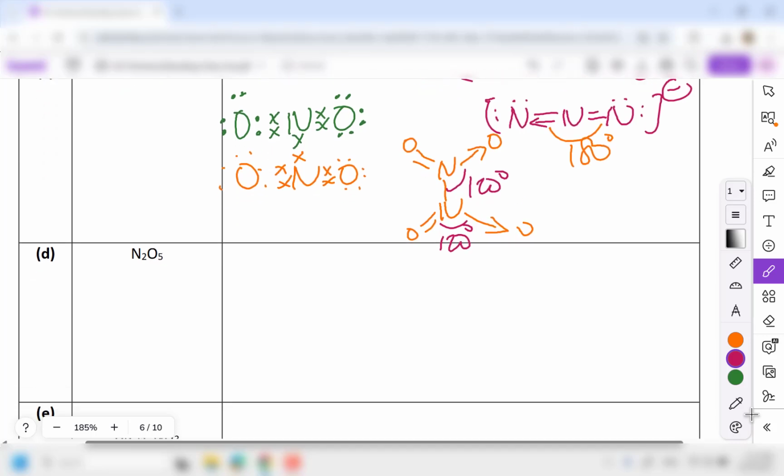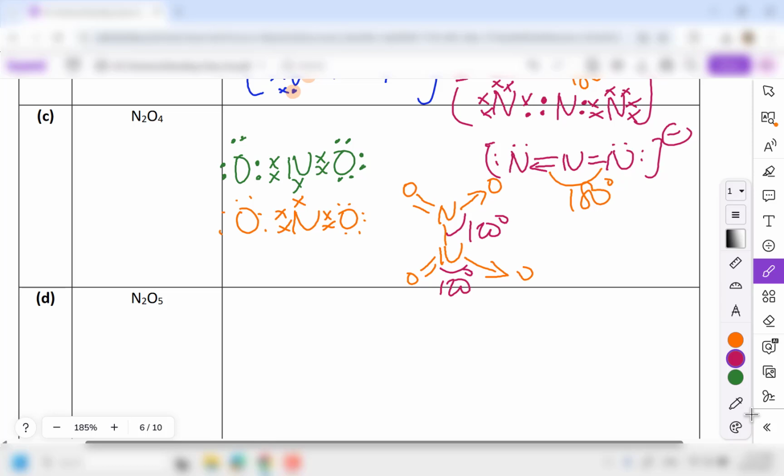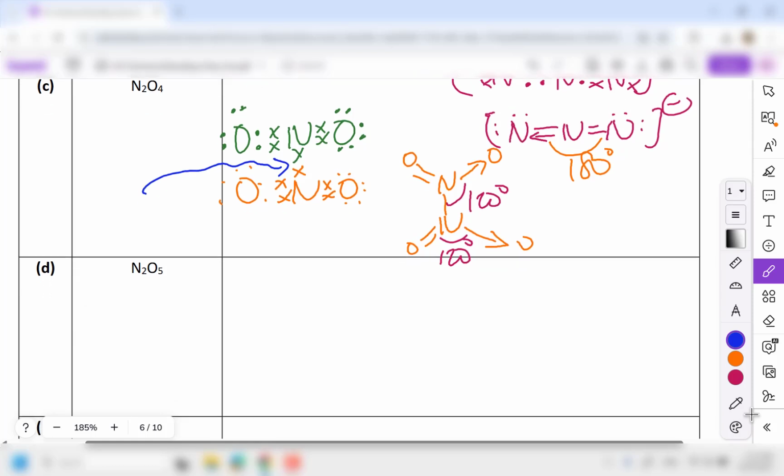For N2O5, it is an expansion. We'll do the same thing, except we are going to insert an oxygen in the middle here. I'm not going to do the dot and cross, because it's just repeating. You can write it on the paper next to it if you want.